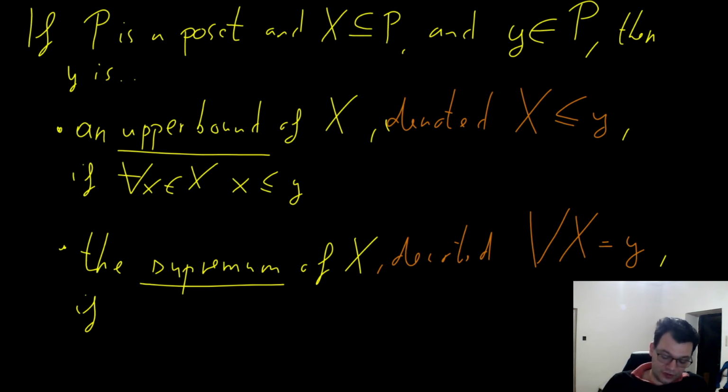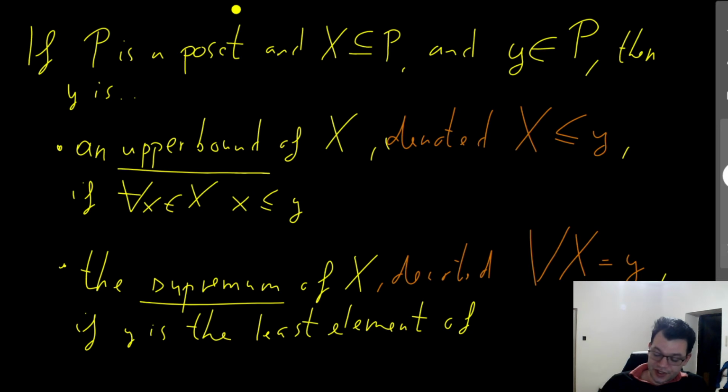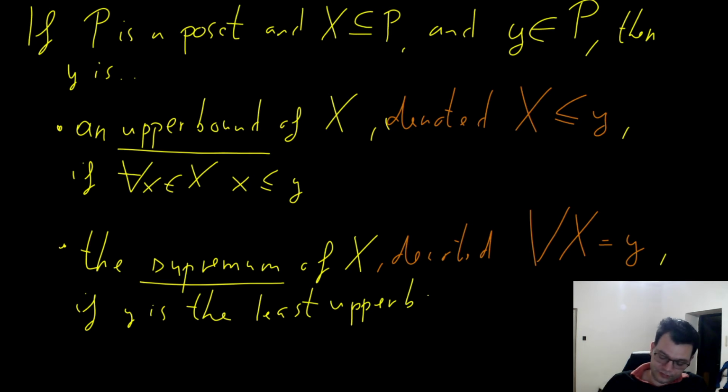So if Y is the least element of the upper bounds of X, I can say the, because we already know that if something has a least element, then the least element is unique. So that is the least upper bound of X.